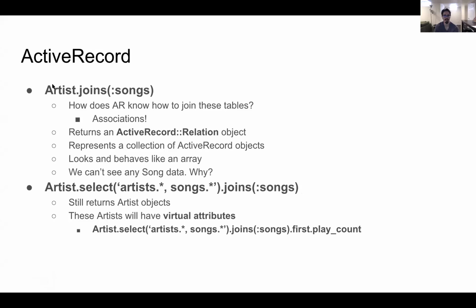Not quite. In this first bullet here, if we try to do something like this down here where we say .first.play_count, that would not work on this first one because this first one is not selecting that song data, which includes the play count. Okay, got it. Thank you. You're welcome.